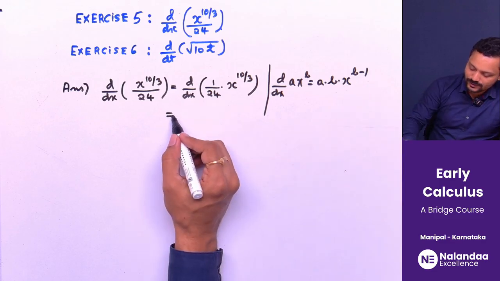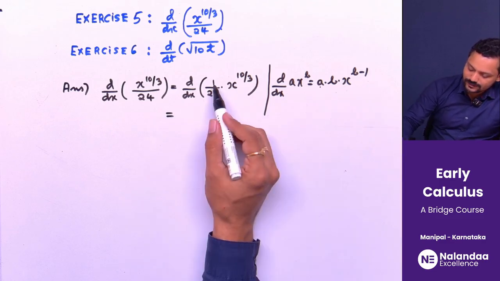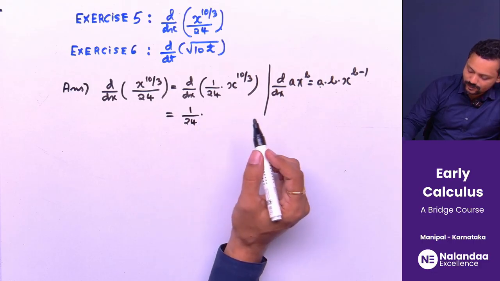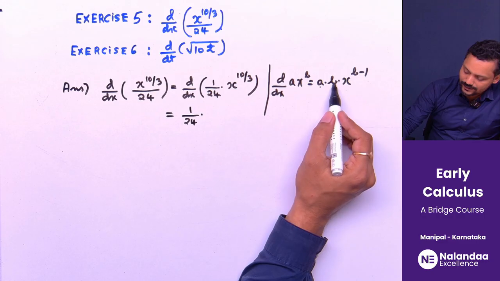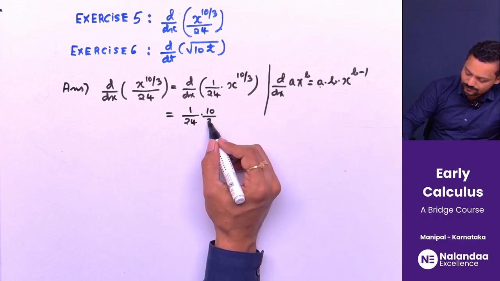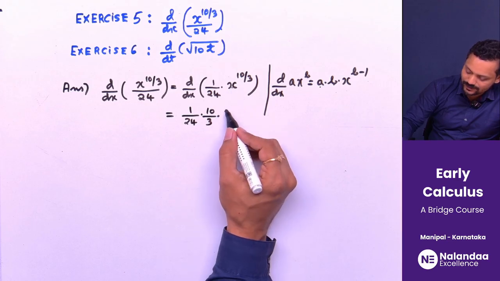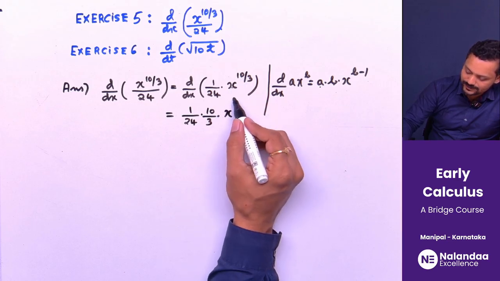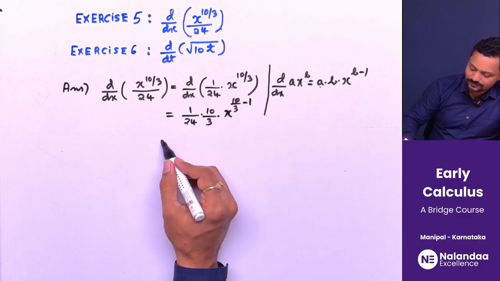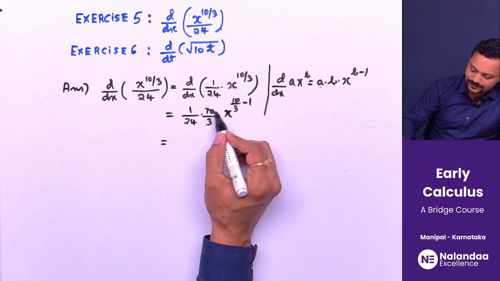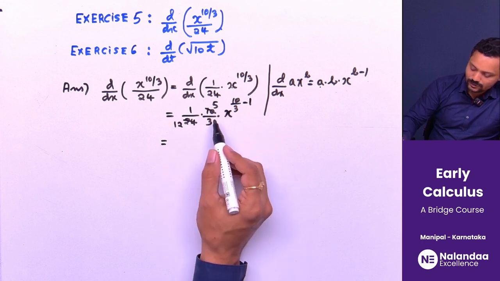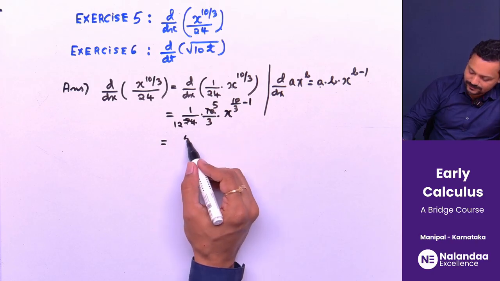So let us substitute, this is a, that is 1 by 24, into b, that is 10 by 3, into x power 10 by 3 minus 1. Here you can cancel 2 five times, 2 twelve times. So you will get 5 by 36.